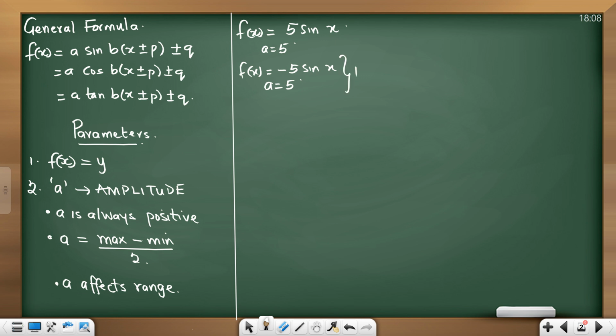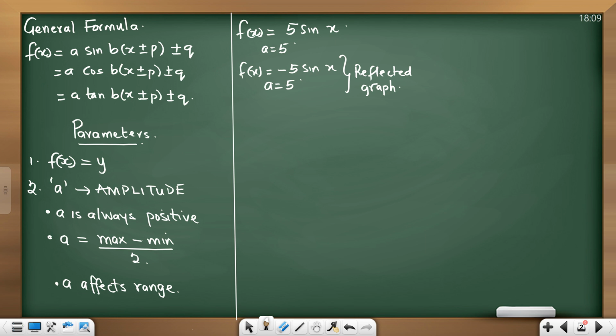This is only a reflected graph. But the A is still what? 5. So don't be deceived. A is always positive. And A will affect one thing only. It will affect the range. We are done with A.